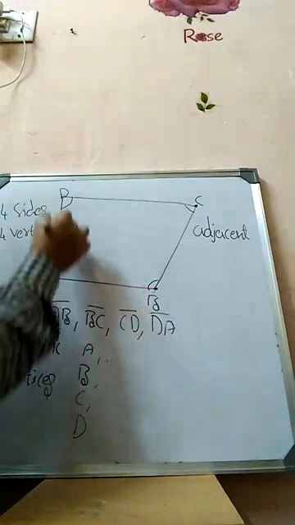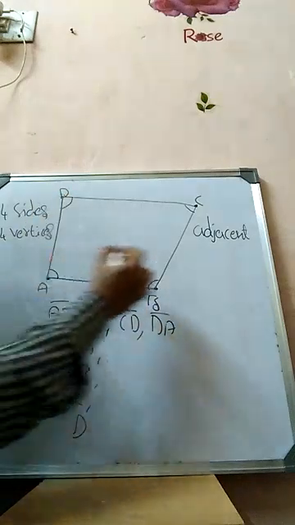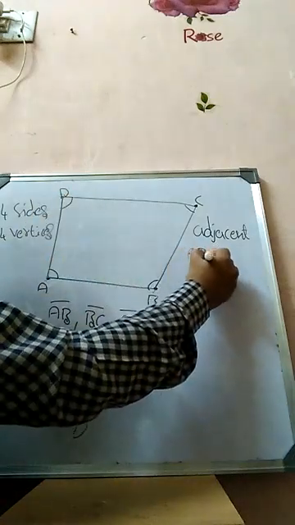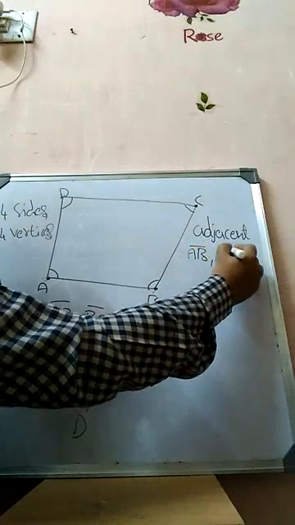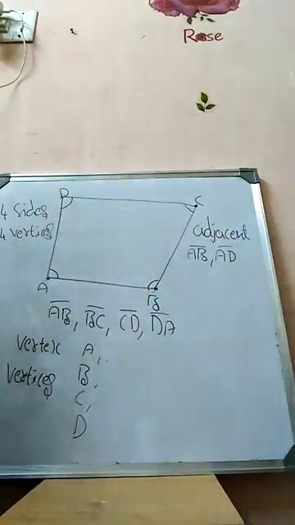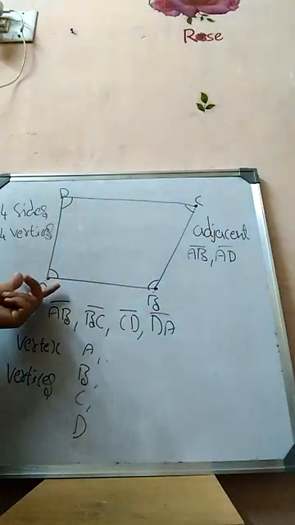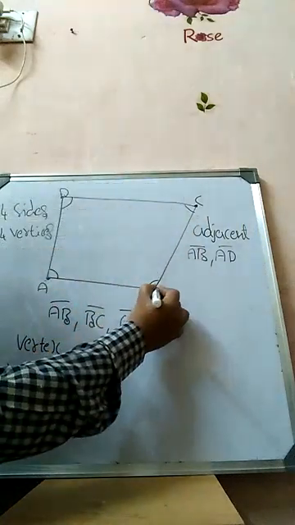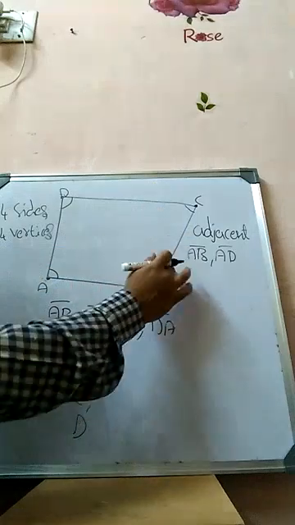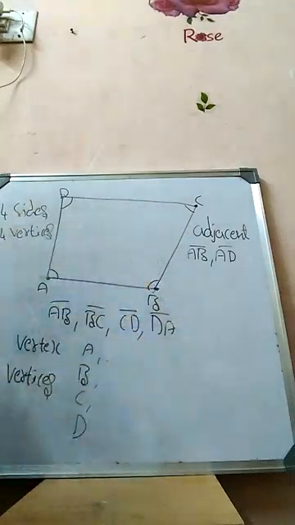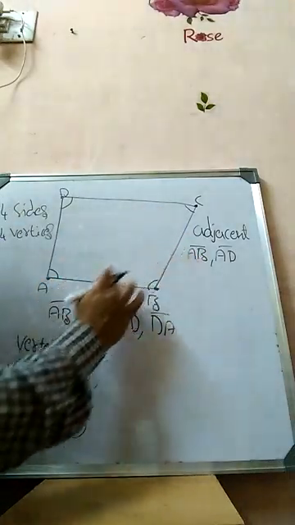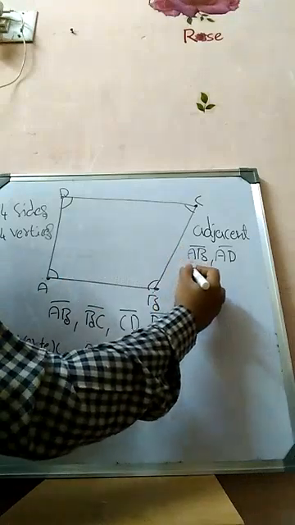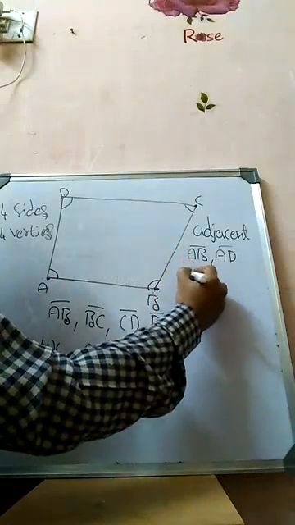Means AB and AD here. Observe the pairs I am writing here. So this is one pair. And next, same like that, AB and BC also meet at one point. So these 2 sides also have one common vertex. That's why we can call these 2 sides also adjacent sides.